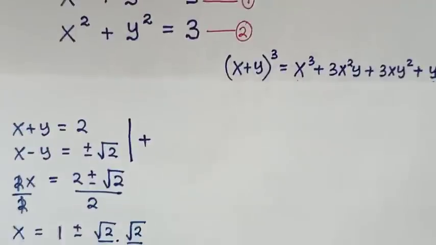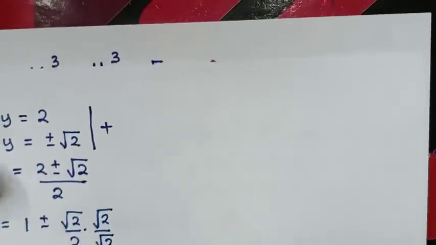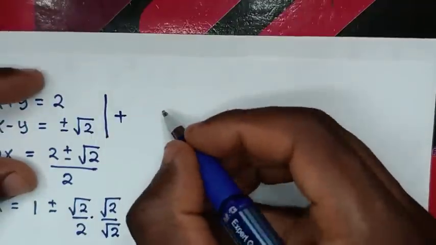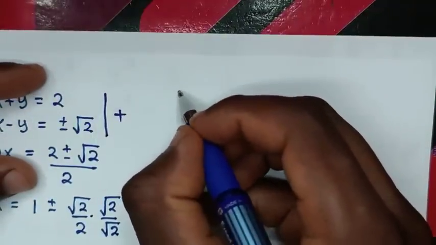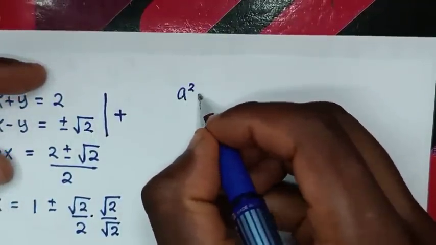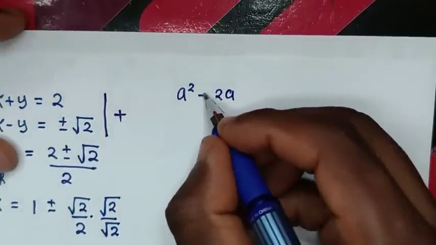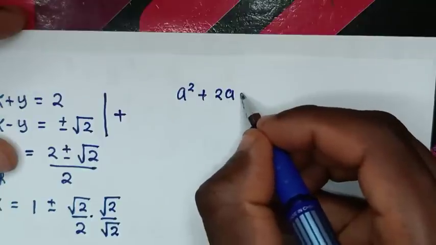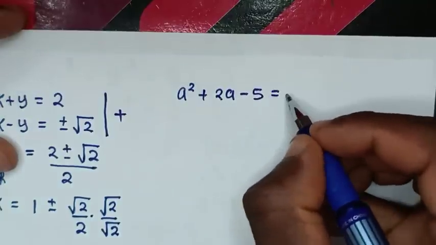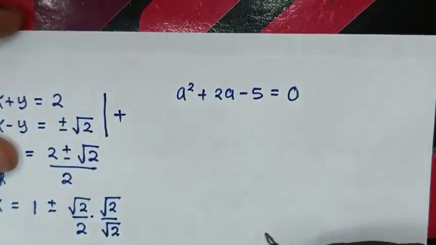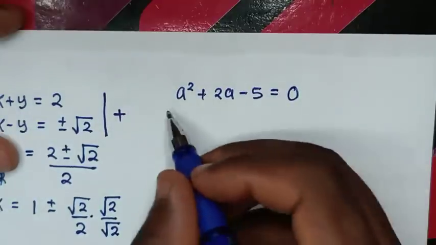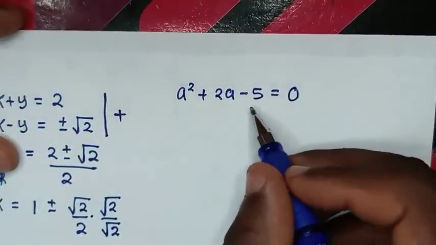So we want to complete this, so let's write down how to do it. We have a squared plus 2a minus 5 is equal to 0. Then from here we solve this by the quadratic formula.